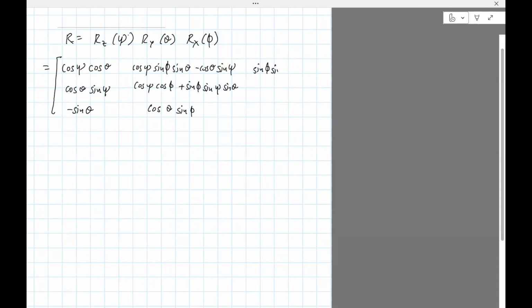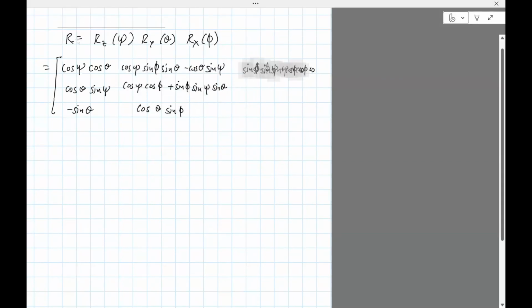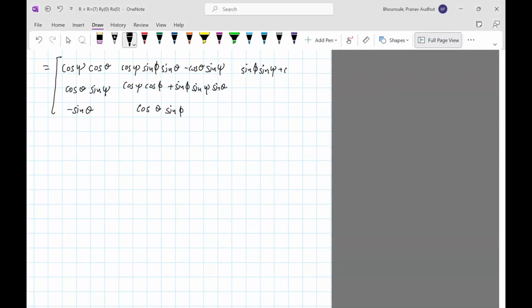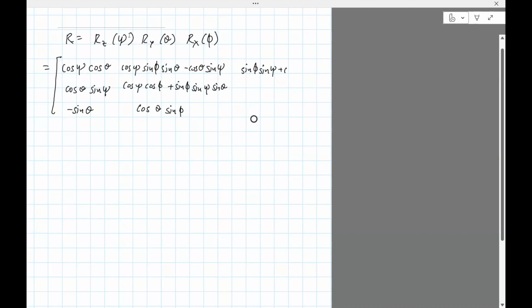Sine phi, sine psi, plus cos phi, just running out of space. Cos phi, cos psi, cos phi, and I just set it up, sine theta.